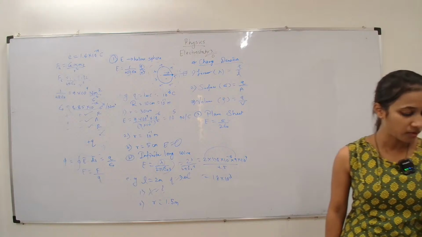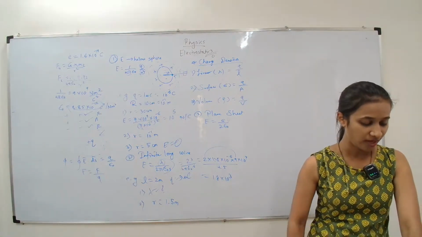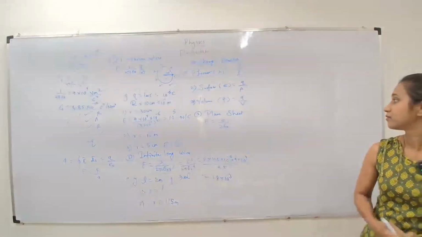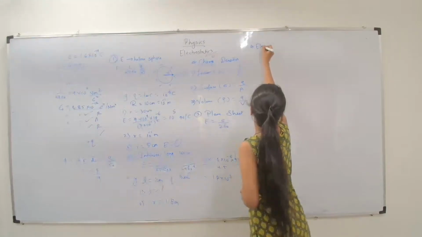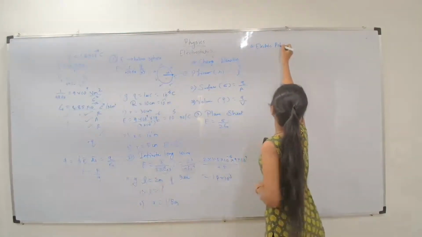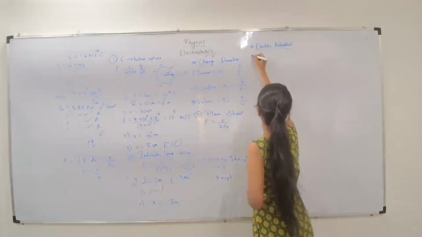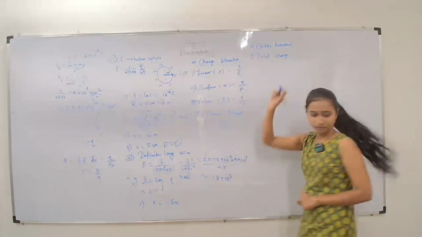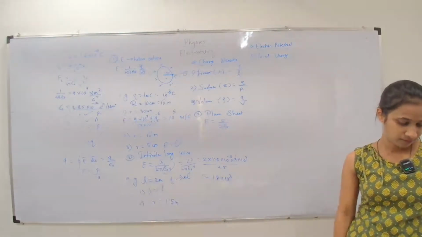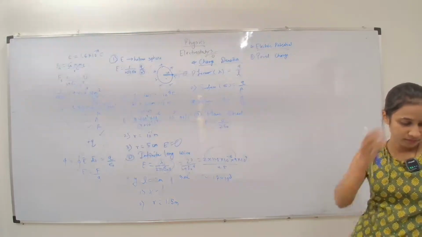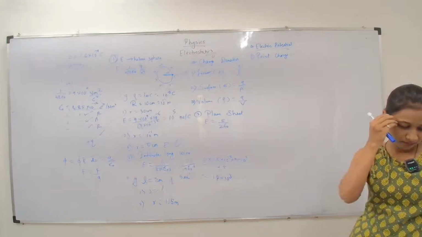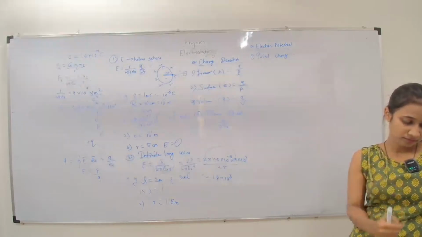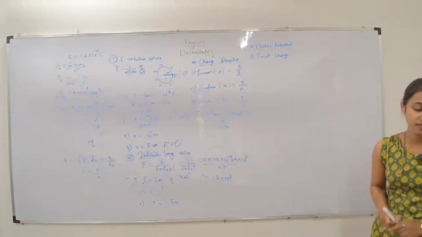The next topic is electric potential due to point charge, due to dipole and due to system of charges. Okay, directly formula.